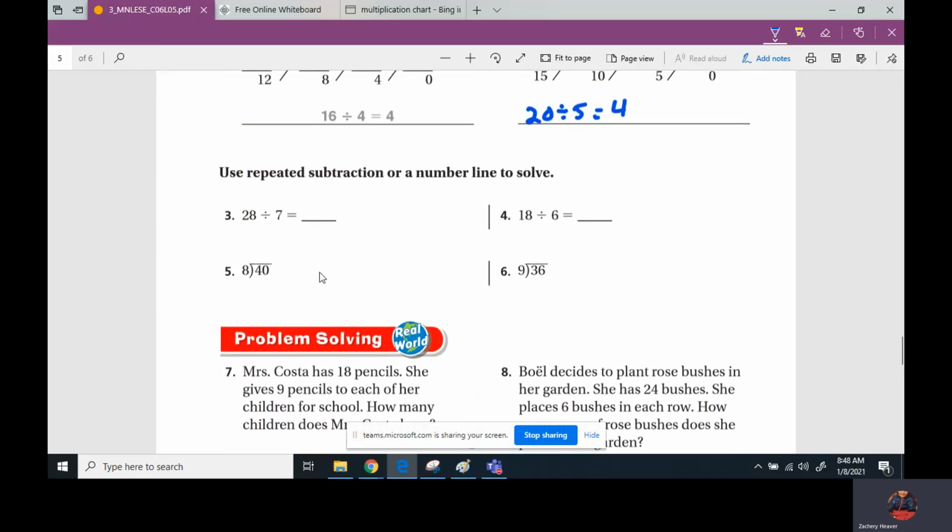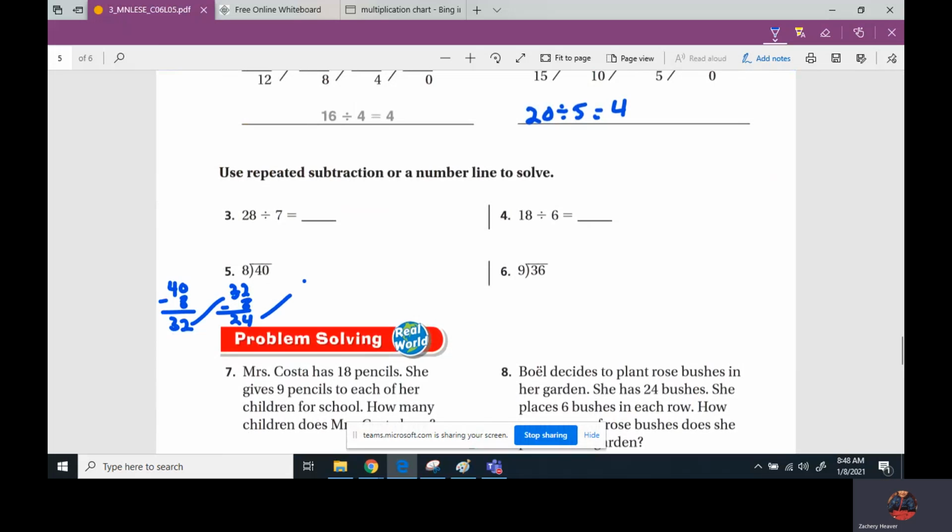Let me do 5 and 6 with you because we don't see it like this often. You guys do 3 and 4 by yourself. So 5 is going to look like this. 40 minus 8, because remember, we're putting an 8 into this number, is 32. Go up with it. 32 minus 8 is 24.